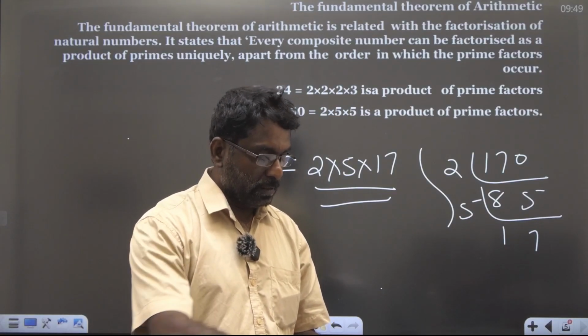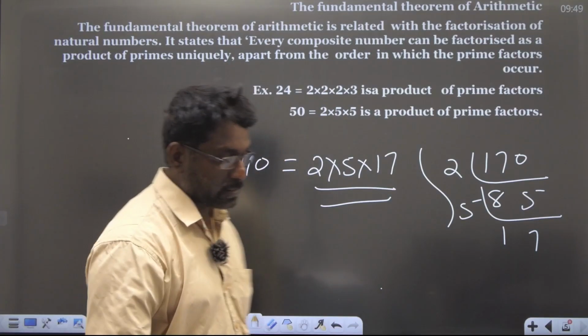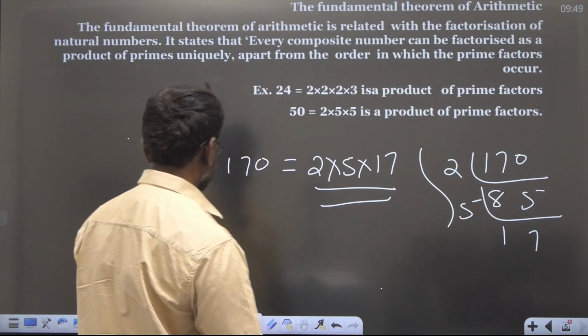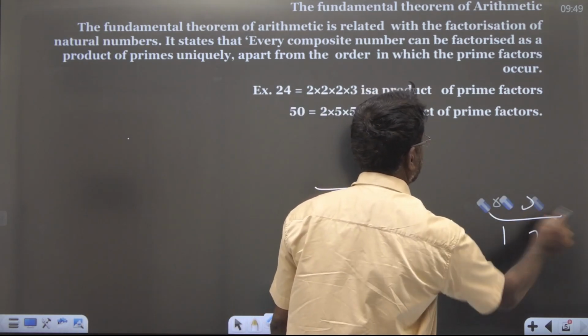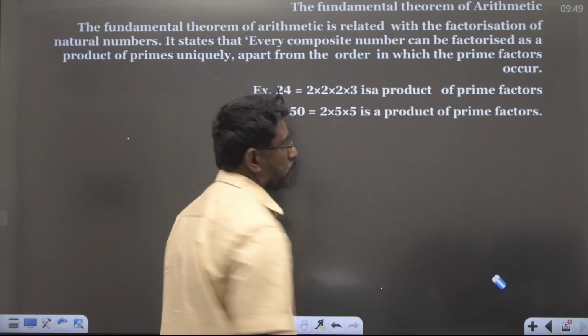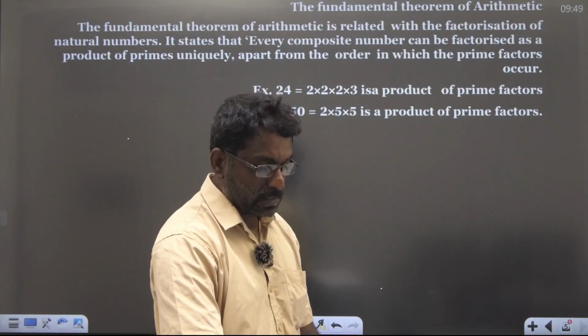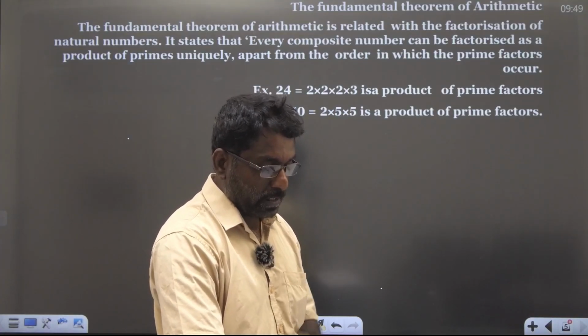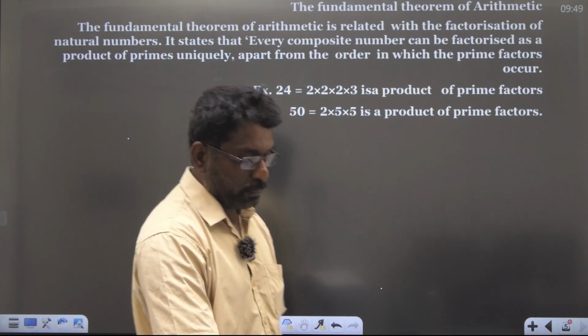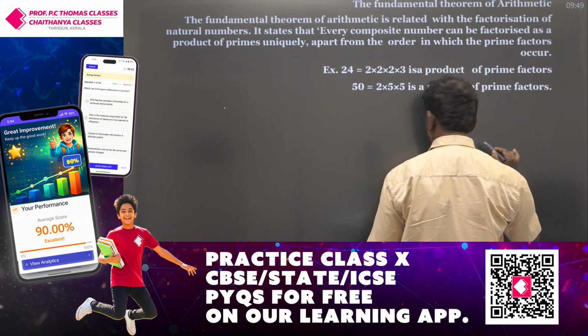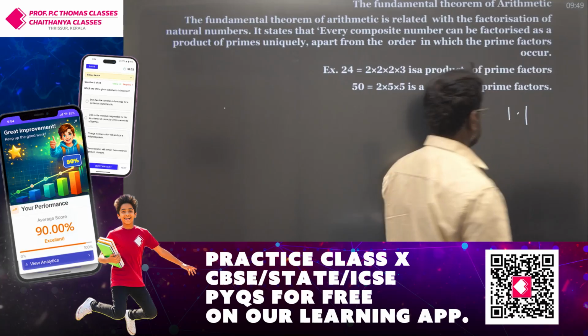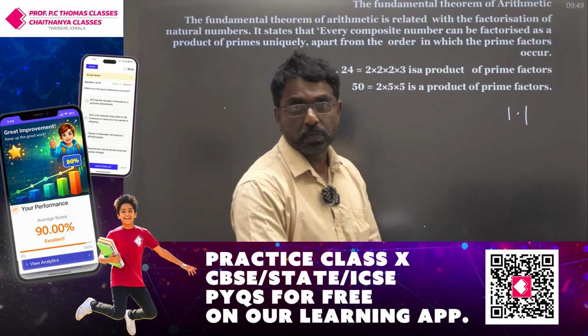Okay. The question from the textbook: express each number as a product of its prime numbers. NCERT exercise 1.1 in your textbook.